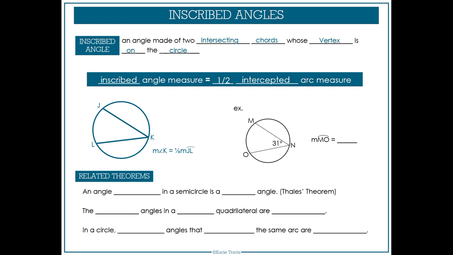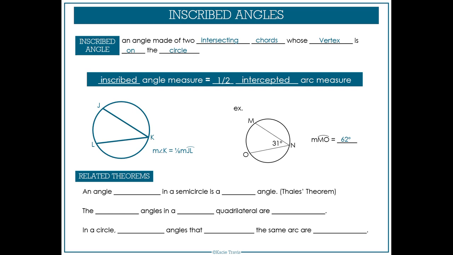Now, over here in our example, we have angle N marked as 31 degrees. They want the measurement of MO. This arc MO is intercepted by this angle N. So that means that the size of MO is double the size of angle N. So we got 31 times 2. That gets us a nice easy 62.